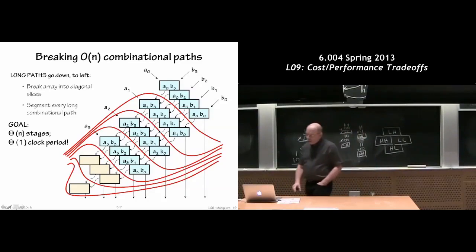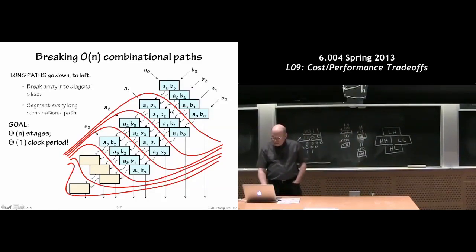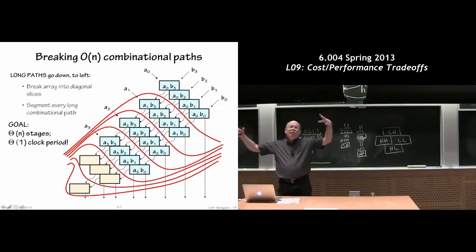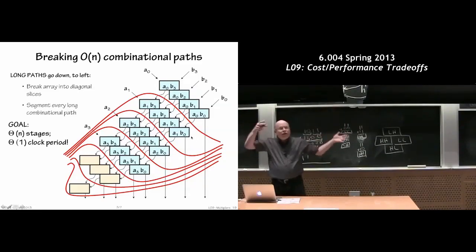Well, you think a little bit, right? We have bits that are coming in, and there's a path that goes from one side to the other, but the longest path is basically constant. In other words, if I make n bigger and bigger, these diagonals get bigger and bigger. But I split things along the diagonals.